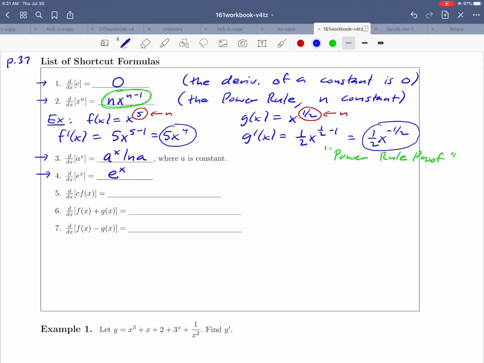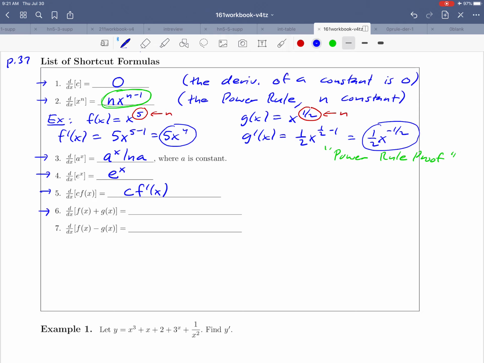Okay, and the last three formulas on our list are kind of statements about derivative operations, you might say. So number 5 says, what if we take the derivative of a constant c times a function? It just tells us that we can pull the constant out and then take the derivative of f, kind of break it into 2 steps in that way.